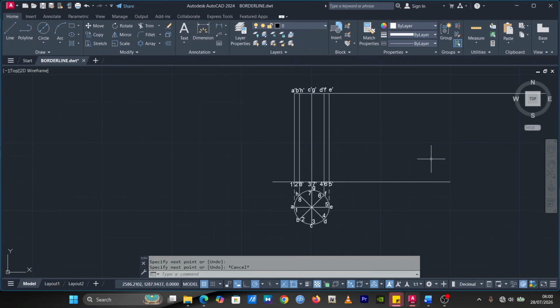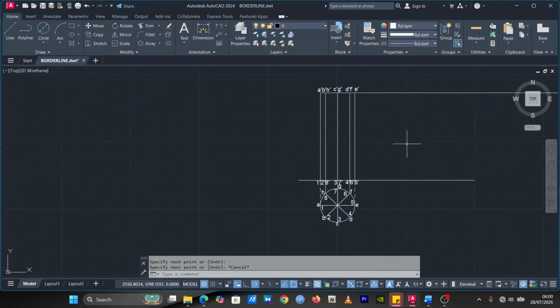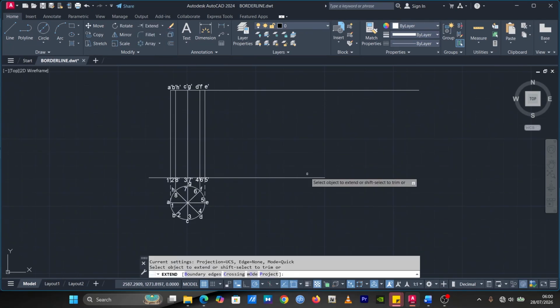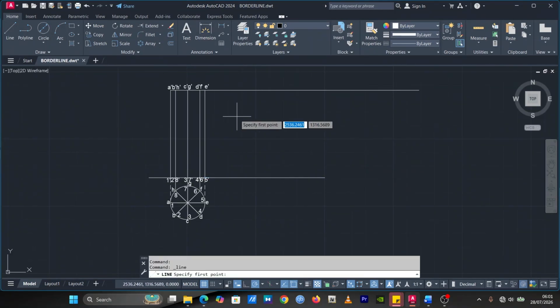Okay. So I can extend it. Take your extend to, okay, good. So now we know our perimeter to be 79.